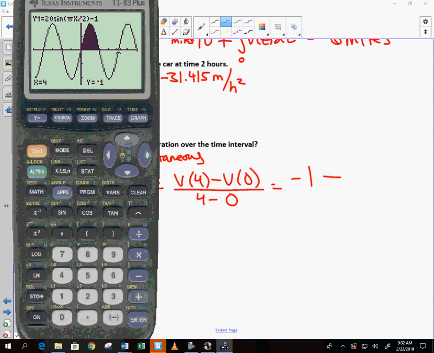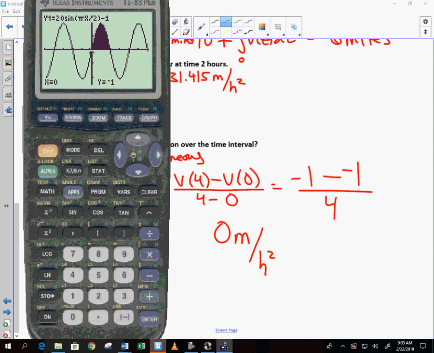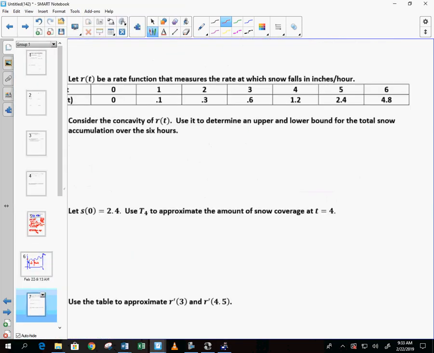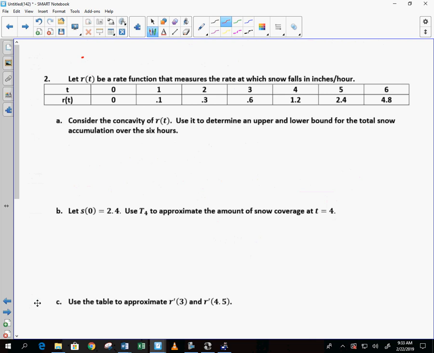Minus, and you don't have to press calculate again, you just press 0. And you get -1 divided by 4. So the average acceleration is -0.25 miles per hour squared. What do you think?